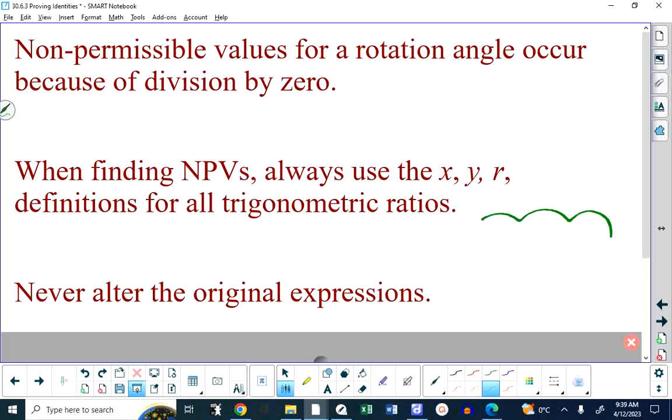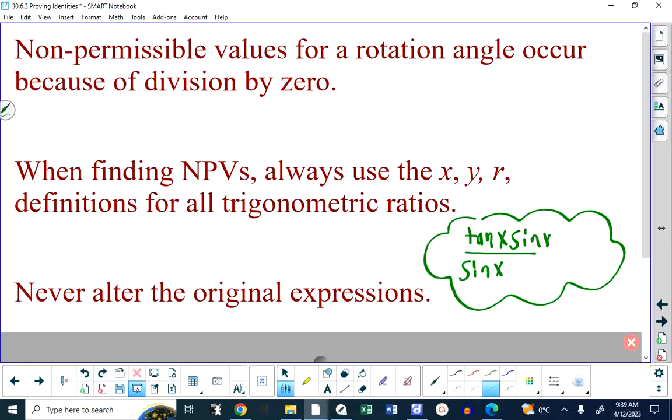So as a quick illustration, and I don't believe you need to write this down, if we had a trigonometric expression and it had, I don't know, tangent of x, sine of x over sine of x cos of x, I think everybody here understands that you can cancel those sines of x's.